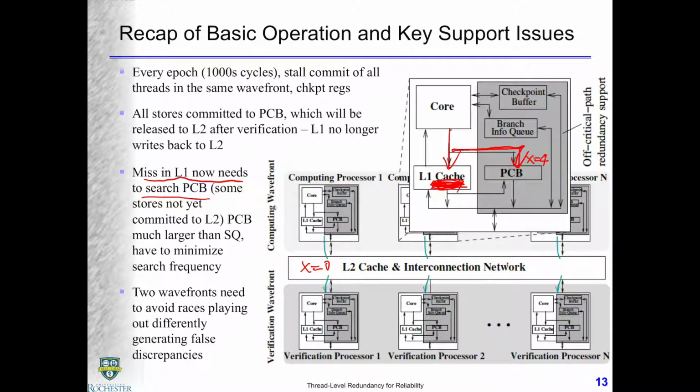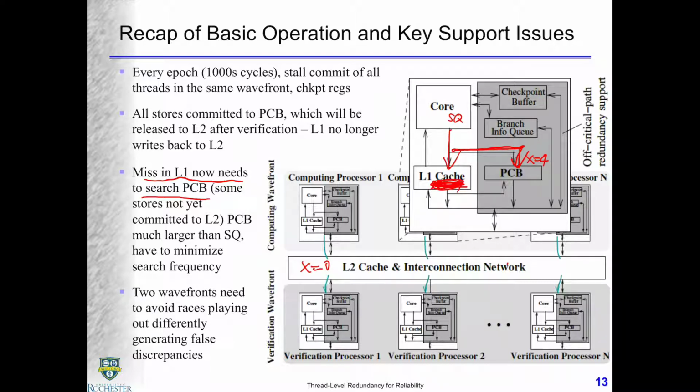Not a big deal, but if you think about it, one way to think about it is the store queue stores things uncommitted, but PCB stores things that are unverified. So just like you have to search the SQ, the store queue, when you have a load, you have to search PCB when you have an L1 miss.